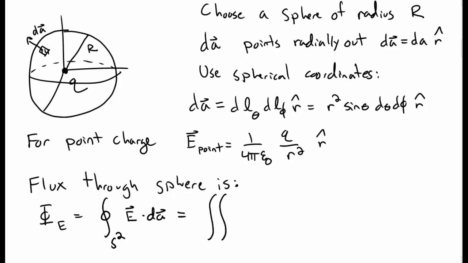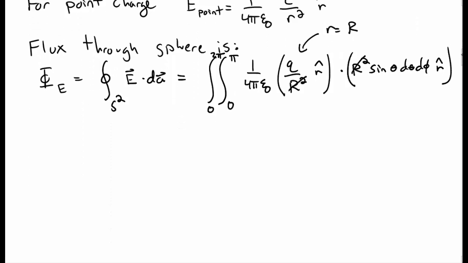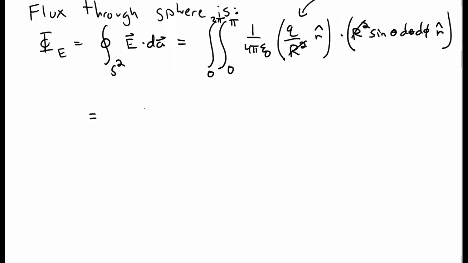That's a double integral of 1 over 4 pi epsilon naught q over big R squared r hat. Notice that wherever we had little r, we set big R, because we're at the surface. Times R squared sine theta d theta d phi r hat. The R squareds cancel. Notice the limits on the integral: for the theta integral, it's 0 to pi, and the phi integral is 0 to 2 pi.